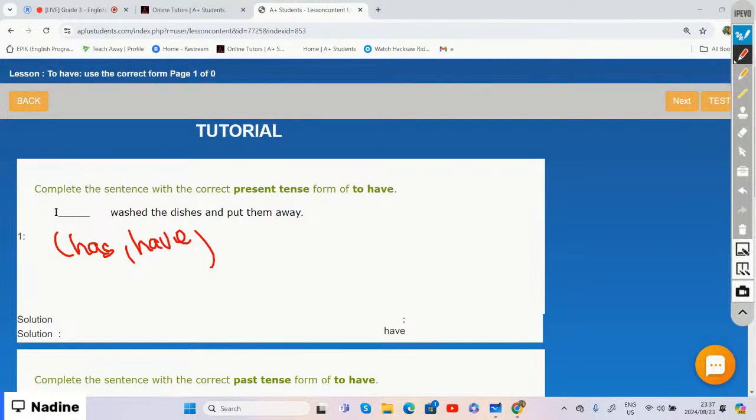We need to choose the correct form. I has or I have washed the dishes and put them away.